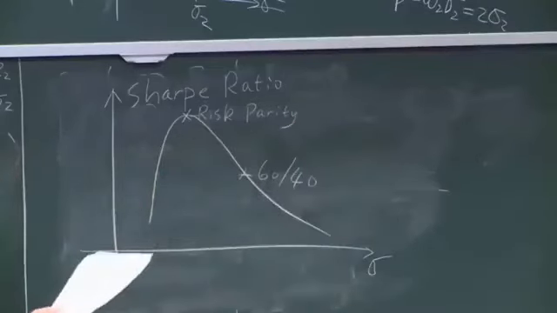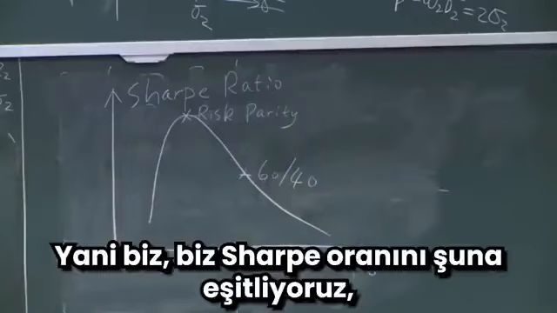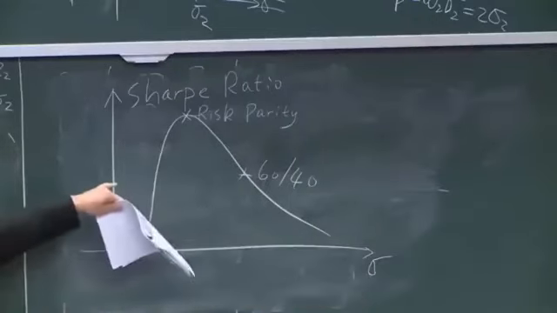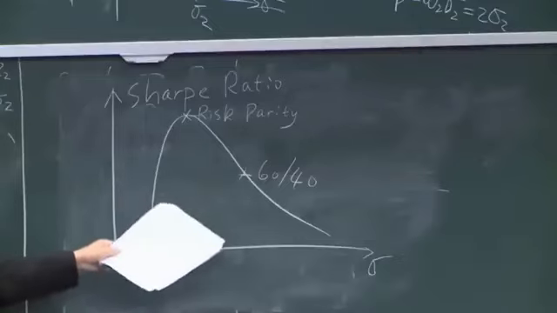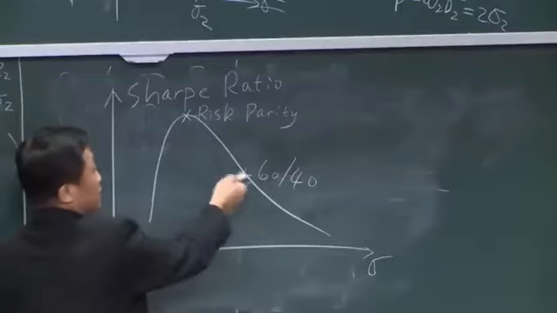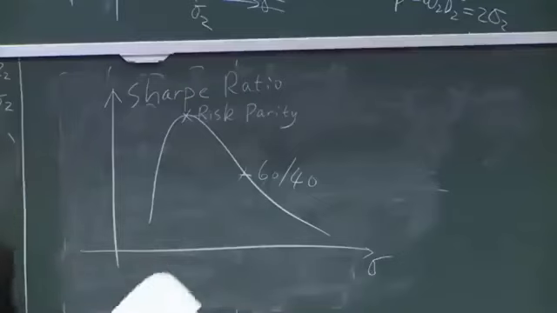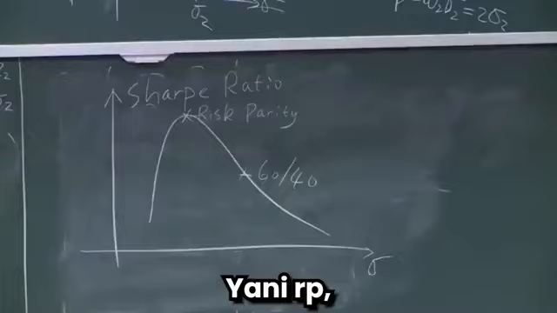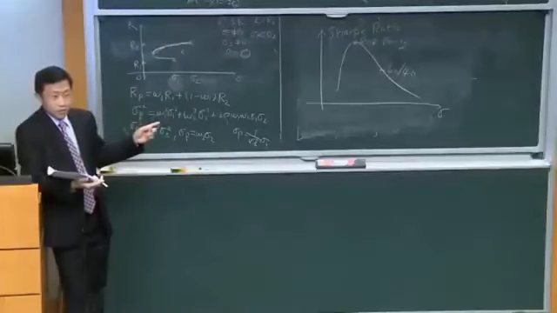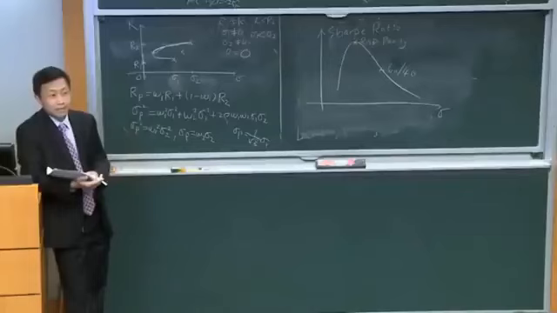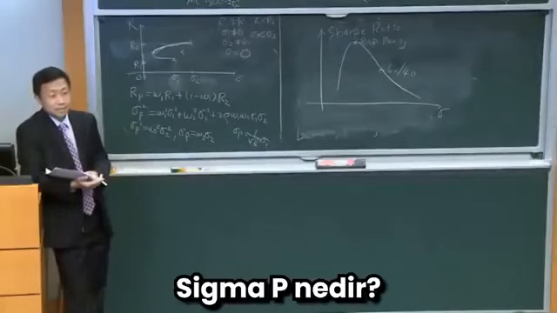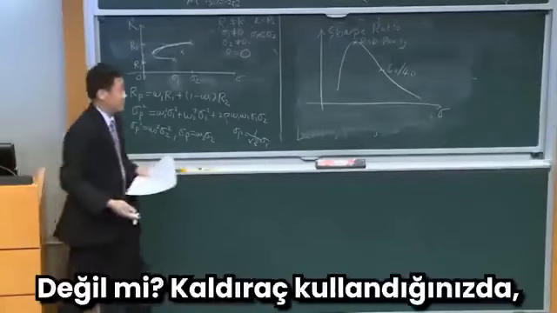You essentially maximized the Sharpe ratio, or risk-adjusted return, by achieving the risk parity portfolio. So 60-40 is here. You actually maximize that. Does leverage matter? When you leverage up, does the Sharpe ratio change or not?